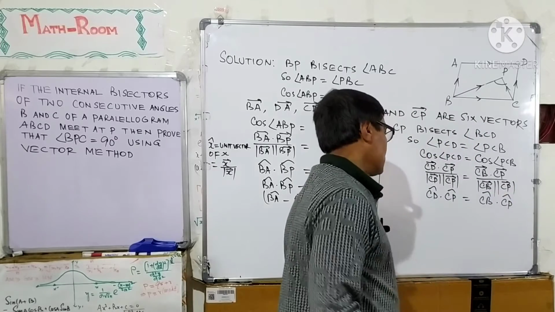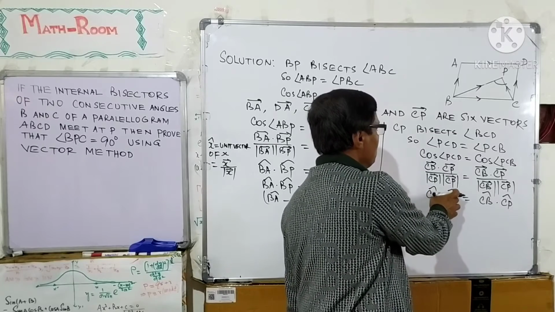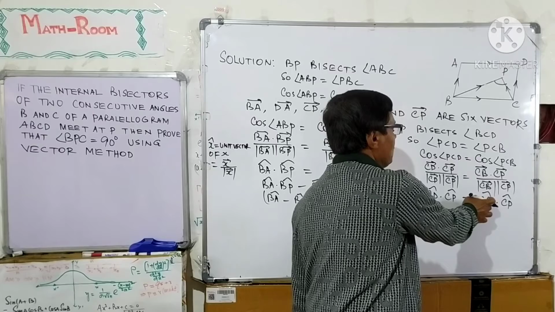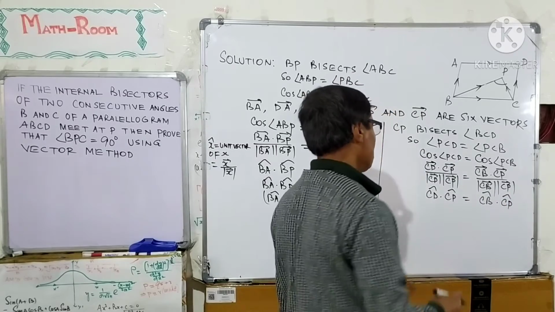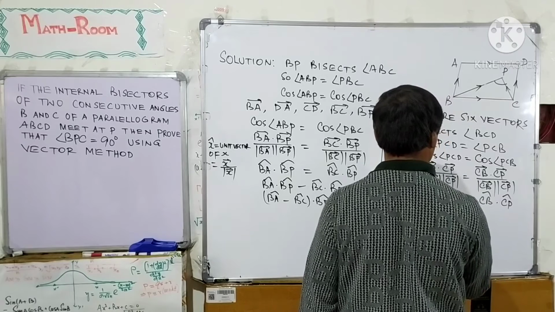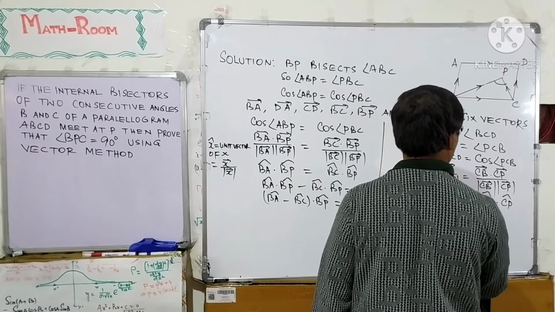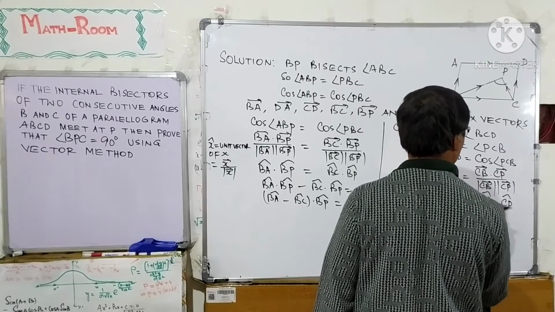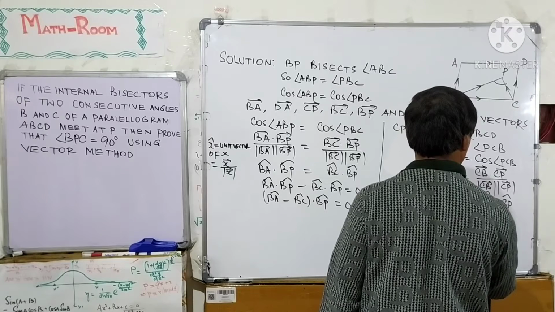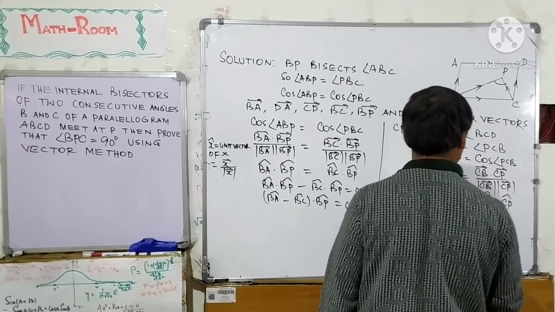So we can write CD cap dot CP cap minus CB cap dot CP cap equals 0.